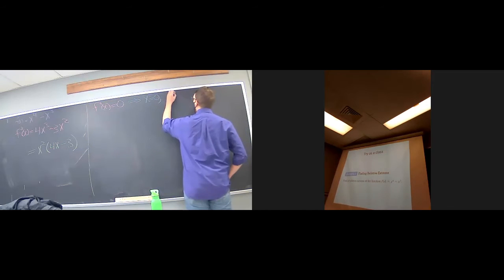one over 4 is going to cancel out this 4, right? So if we choose 3 over 4, we're going to have 3 minus 3, right? So 3 over 4 must be our other 0.